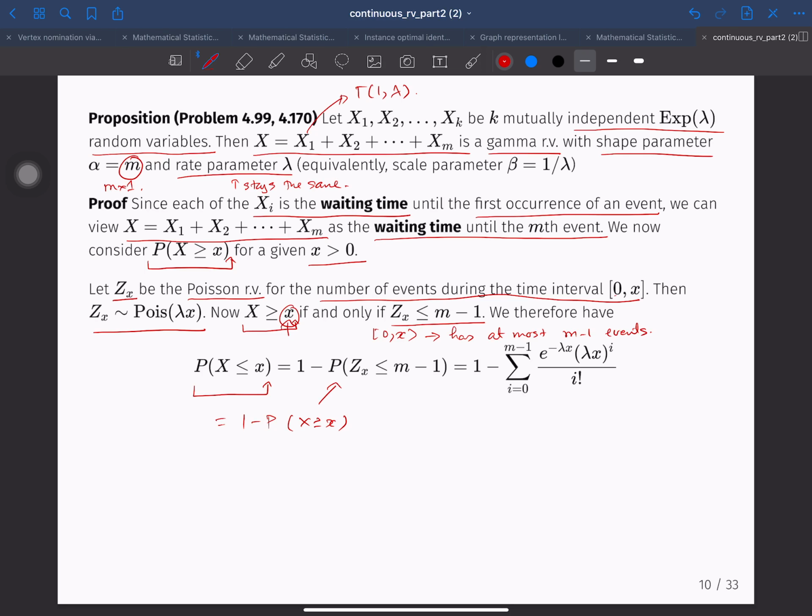But we know this probability for the Poisson is very easy to determine because we know the PMF for a Poisson lambda x, which is given here. And so you have this expression for the CDF. So this is the CDF of capital X.